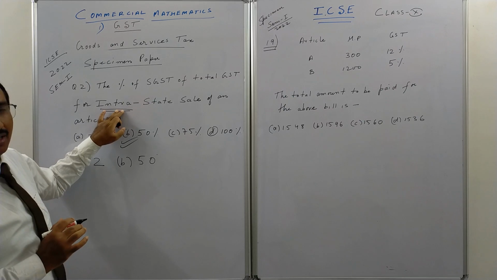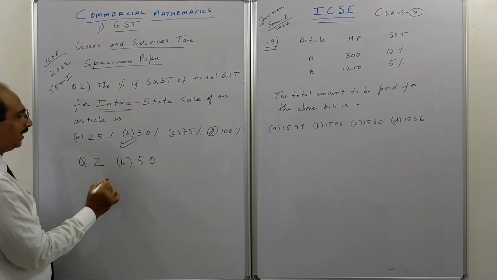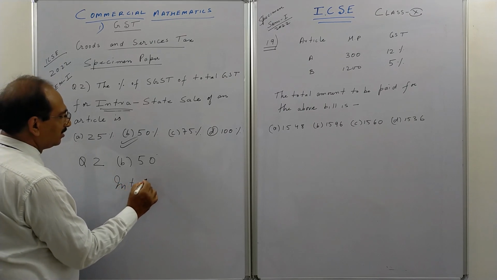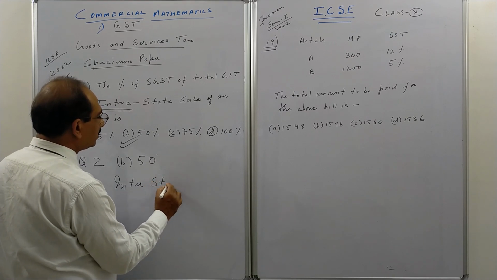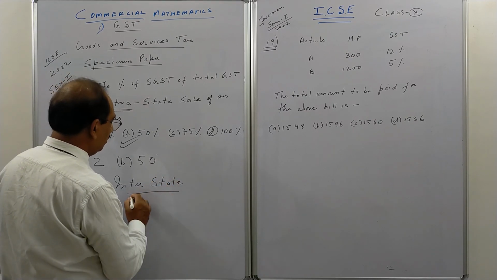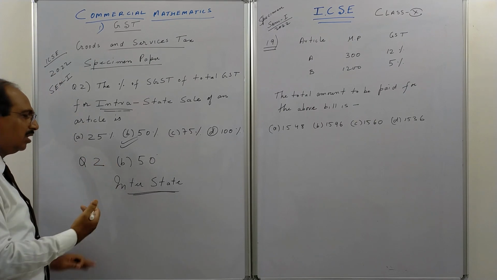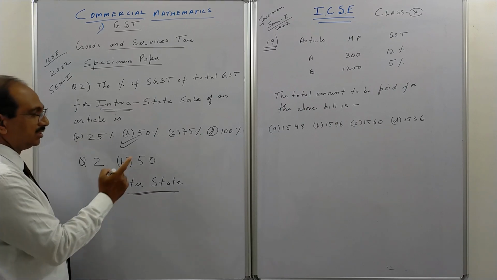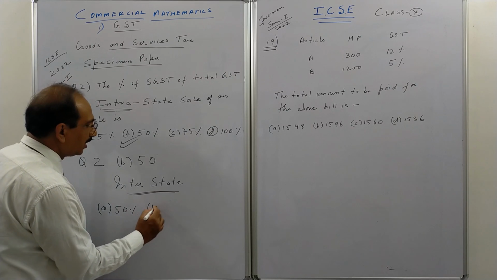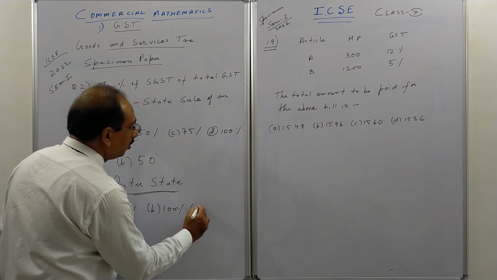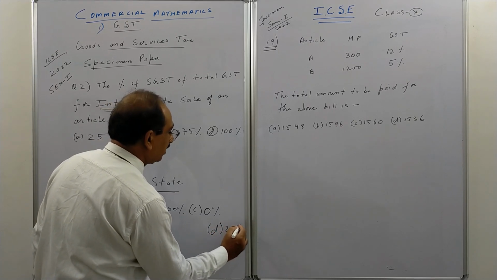What I did in my school exam, I changed this intra into interstate. Generally, if you see the ICSE syllabus, interstate is not mentioned, I think. When it is from one state to another, if the same question is there, then I had to give the options 50%, 100%, 0%, and suppose one more option is 25%.